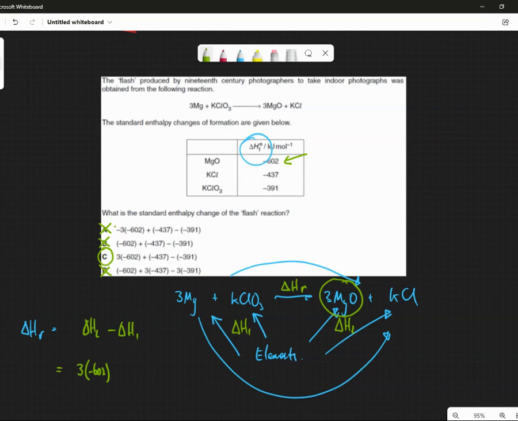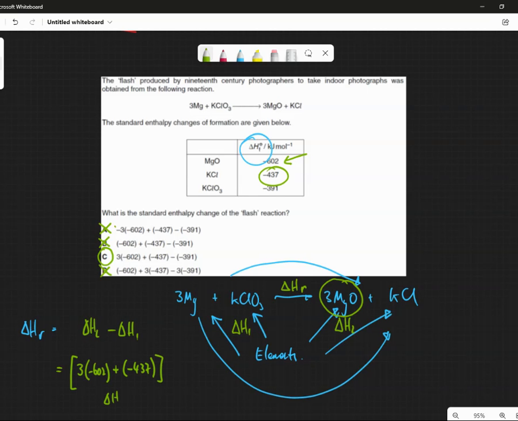I'm going to continue anyway to make sure I get the other terms in C. So I've done that, plus, in square brackets, the formation of KCl, which is minus 437.